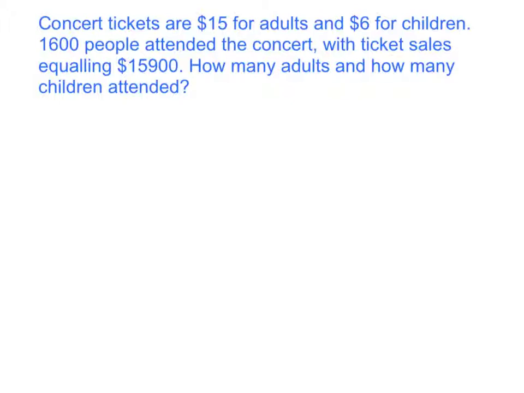The first one is for prices. So I'm going to let A represent the number of adults and C represent the number of children.